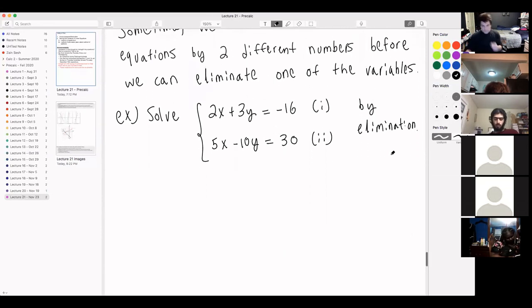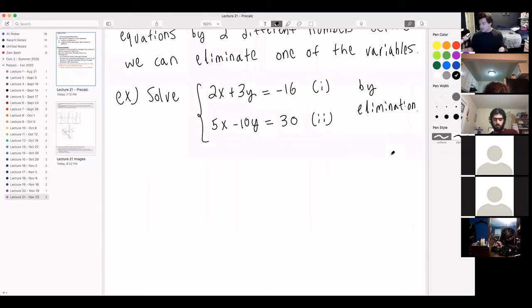Okay, so I would like to make the coefficient of x or y the same so that when I subtract the two equations, one of the two variables gets eliminated. So I will do it for x. You could do it for y, but I'll do it for x.